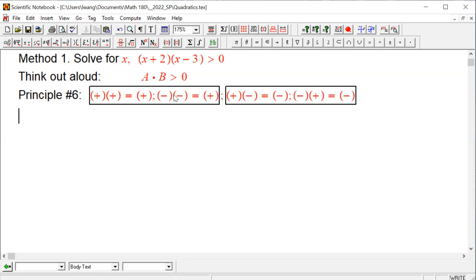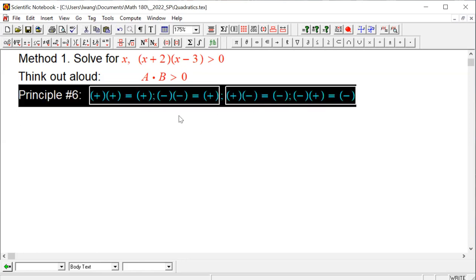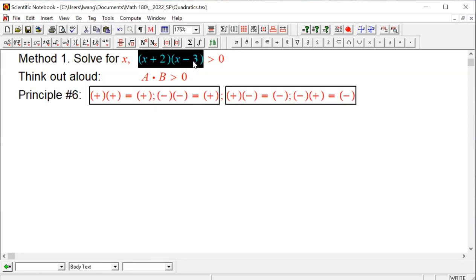Quotient is similar. So from this perspective, we realize that if we can figure out the sign of each number, right?